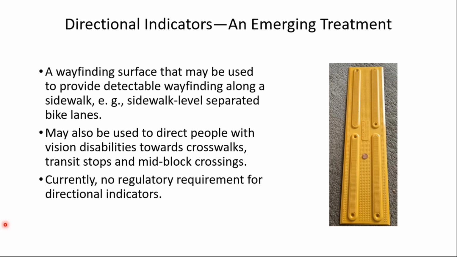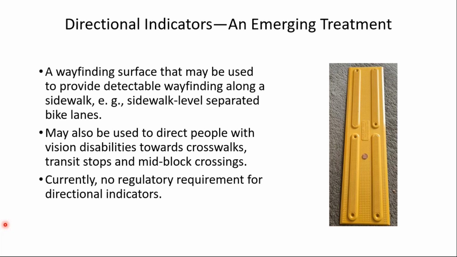The ADA, as you're probably aware, has specifications for those detectable warning surfaces in terms of the dome height and the spacing and the arrangement. They are kind of a standard indicator in the United States.